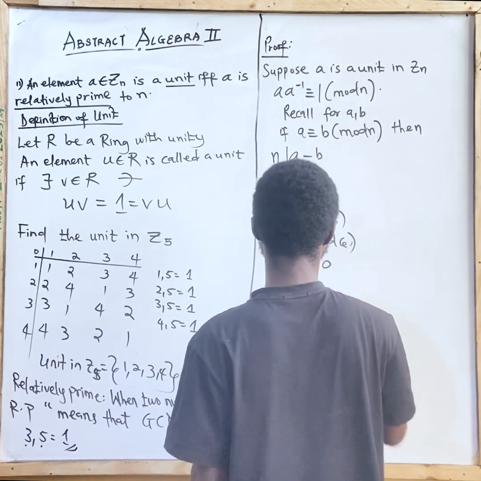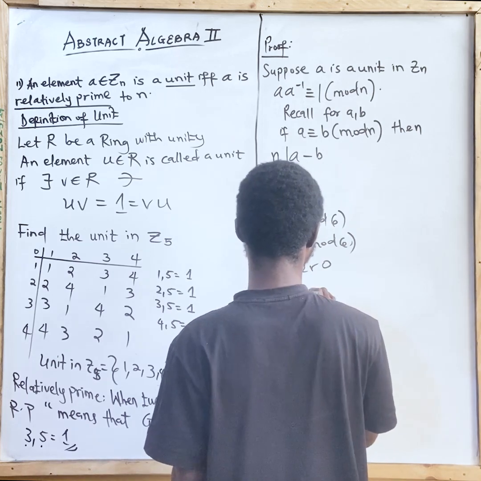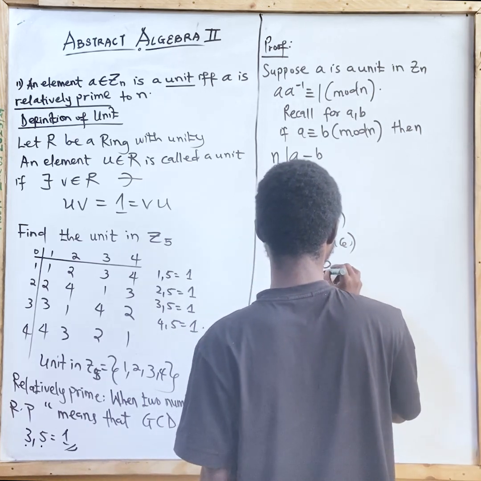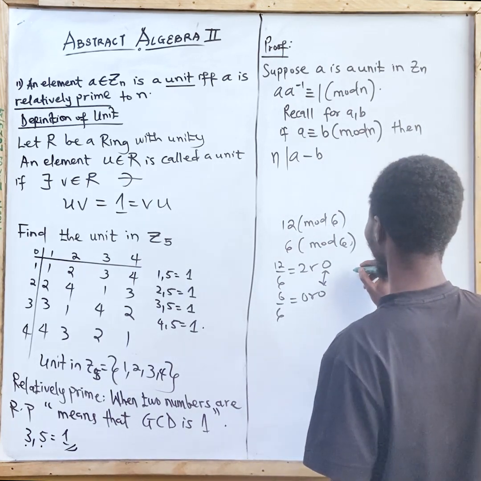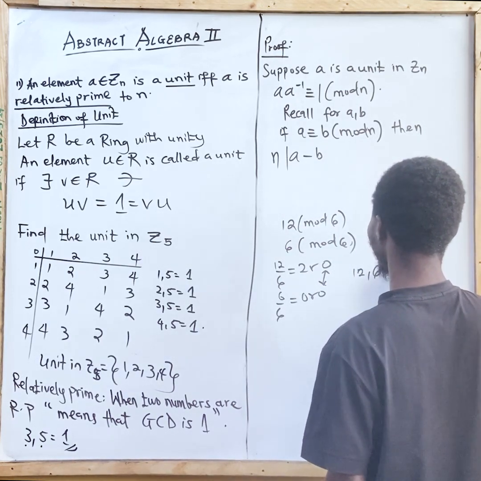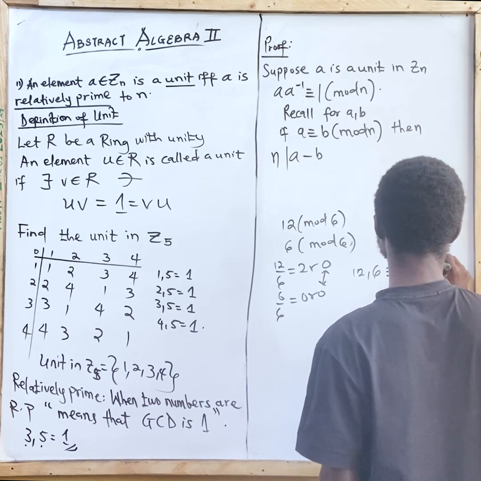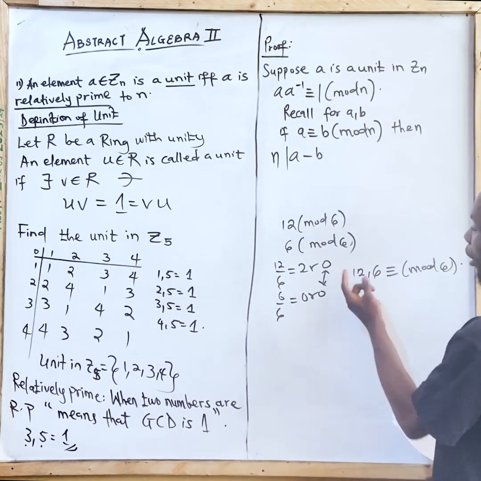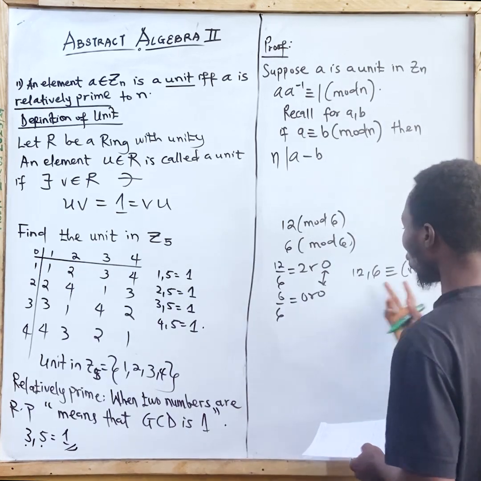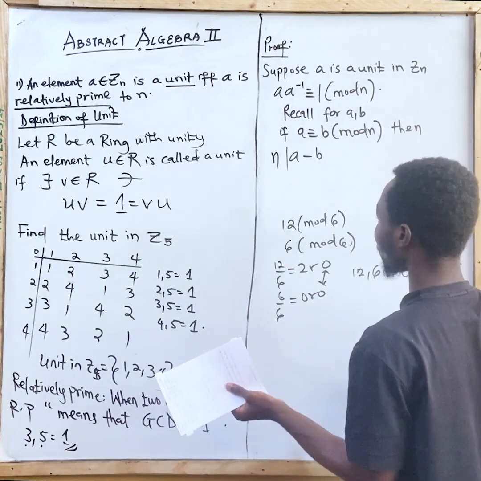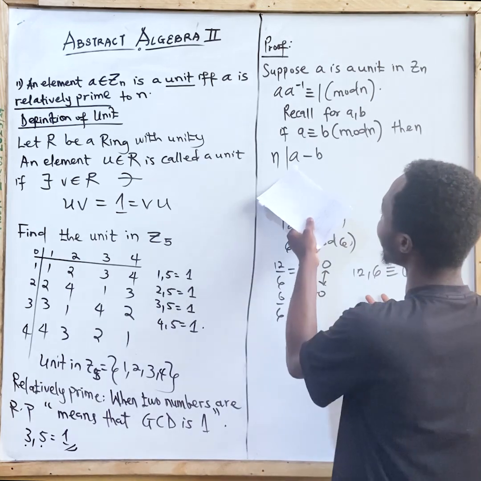This will be 2 remainder 0. 6 divided by 6, that will be 1 remainder 0. Now because they are having the same remainder, then I'll say that 12 and 6 are congruent together in mod 6, because they are giving me the same remainder. So basically what it means is that 6 will divide the difference of 12 and 6.